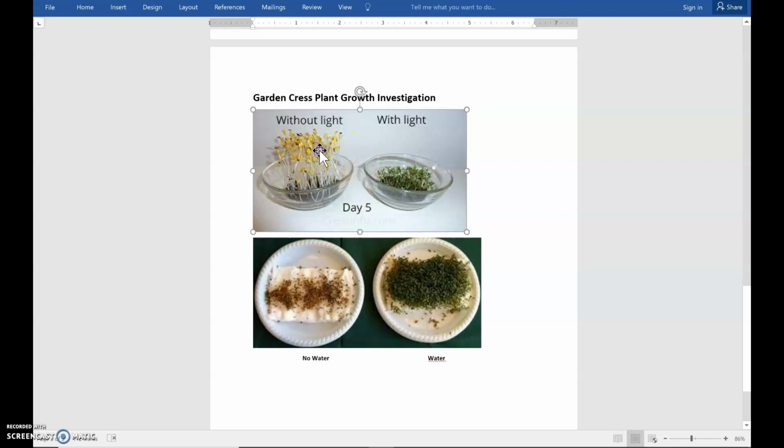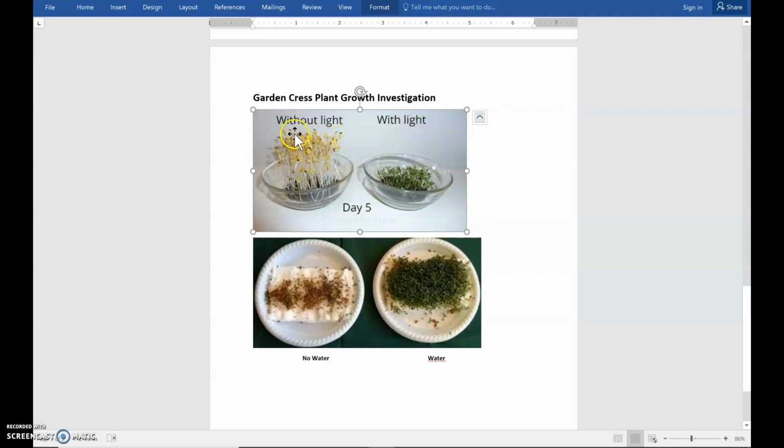we had, for example, this first one. This is kind of what our no light looked like. Our no light one grew really fast because there was humidity and there was enough water and stuff from the seeds that it could still sprout and grow. But then it turned yellow because there was not sunlight for photosynthesis to happen. So sunlight is necessary for photosynthesis. It's the energy source.